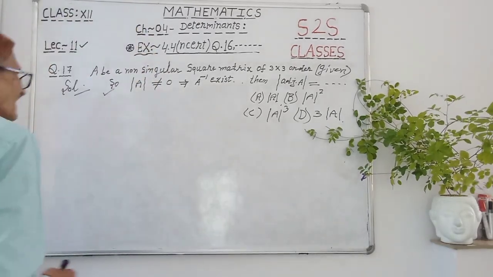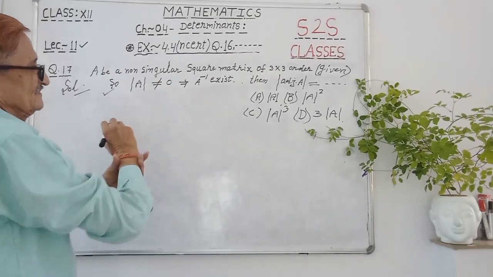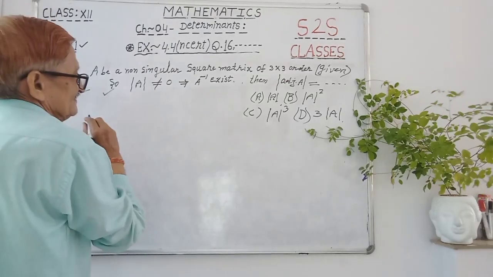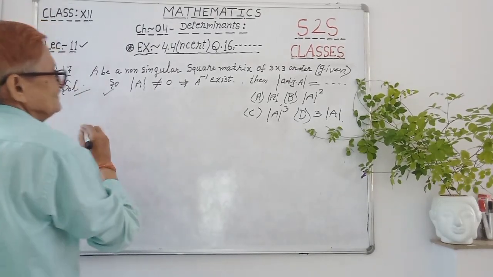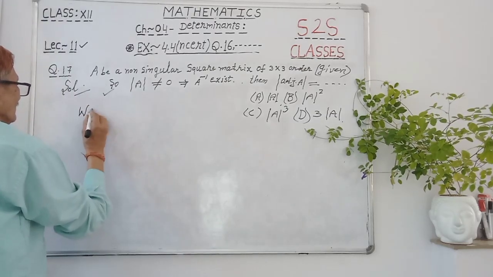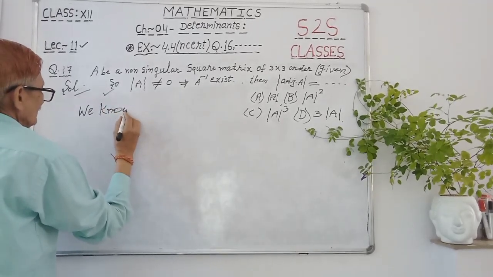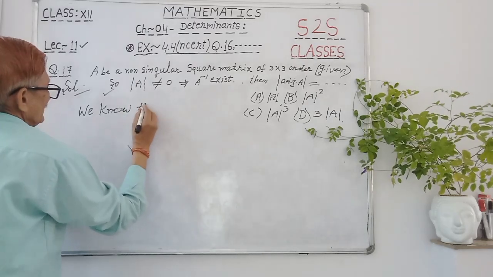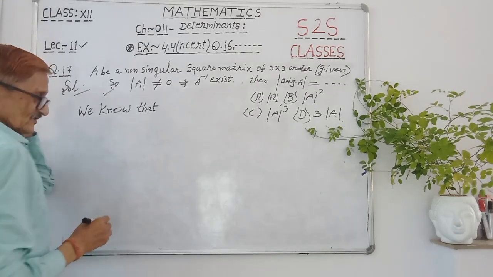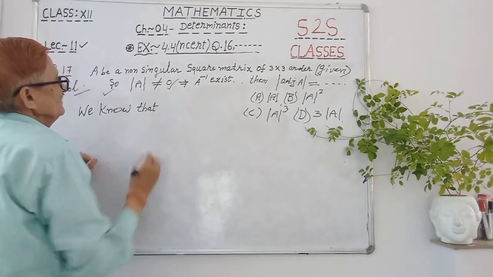Now you can write: determinant A is not equal to 0.